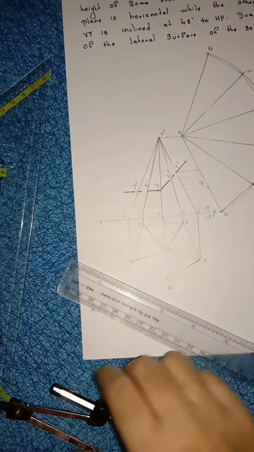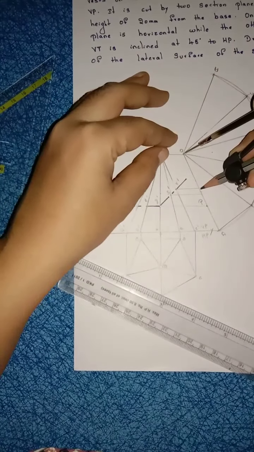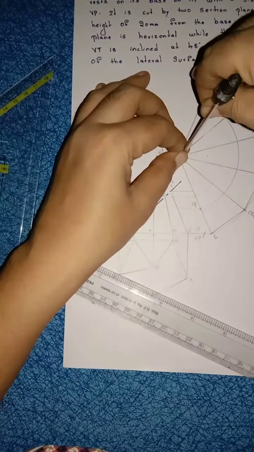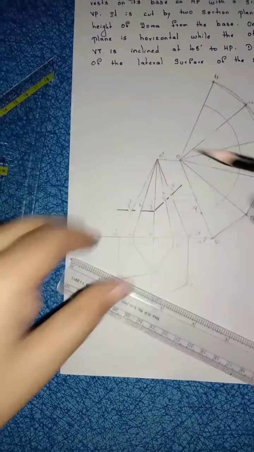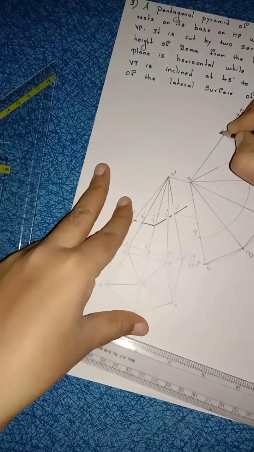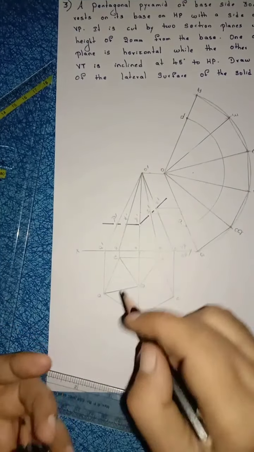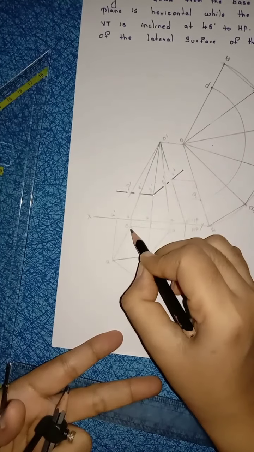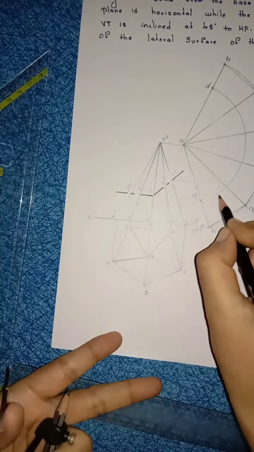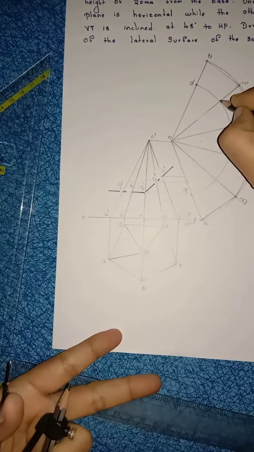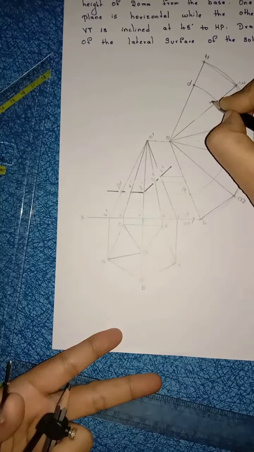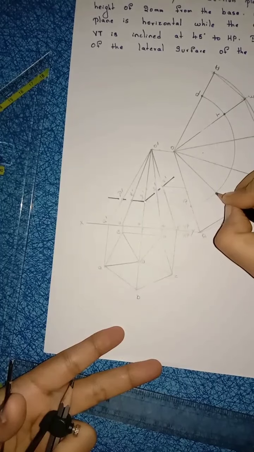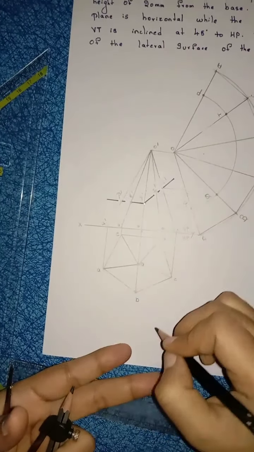With O as center and OP as radius, I will draw an arc till this OA, and I will mark this point as P. Now T is in between O and E. So this is the projection of T point in between OE. Mark here point T. Then next Q is in between OB. In between OB, mark here Q point.